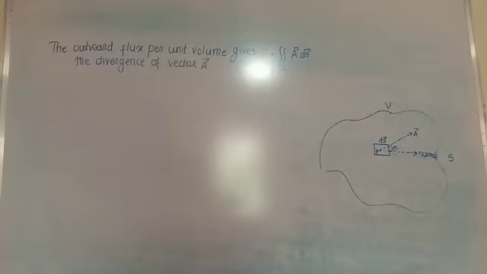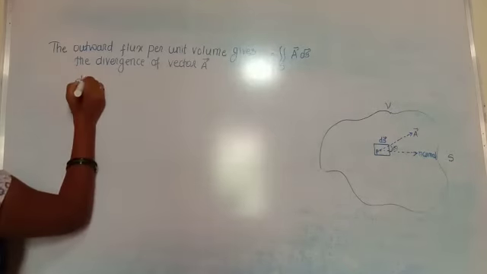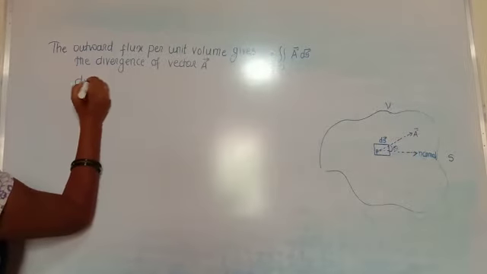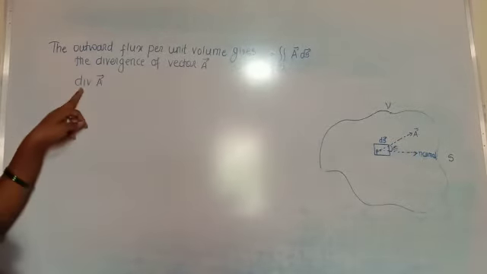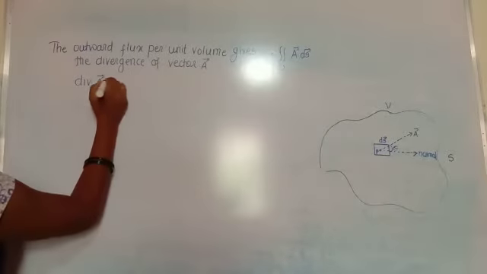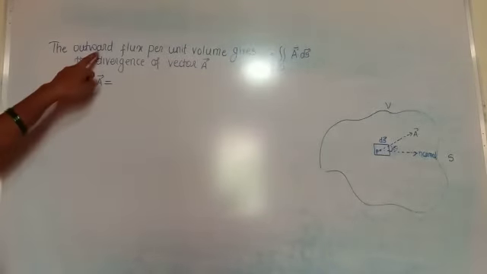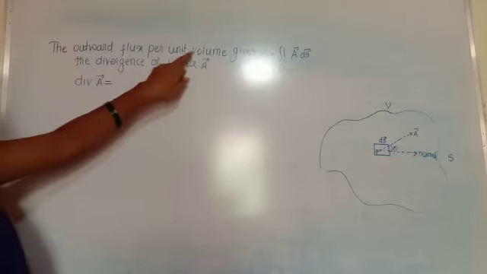So we write the divergence of the vector field A is equal to the outward flux per unit volume.